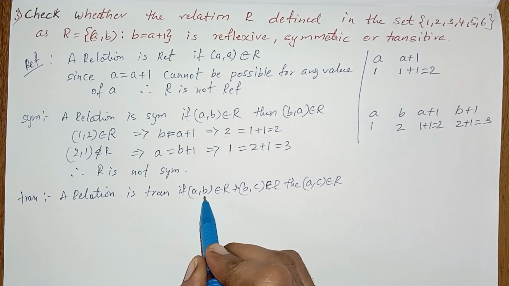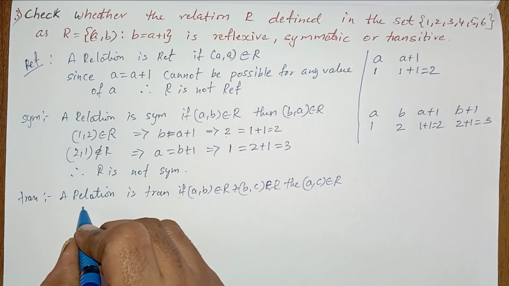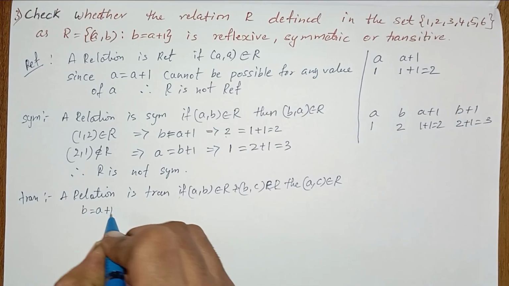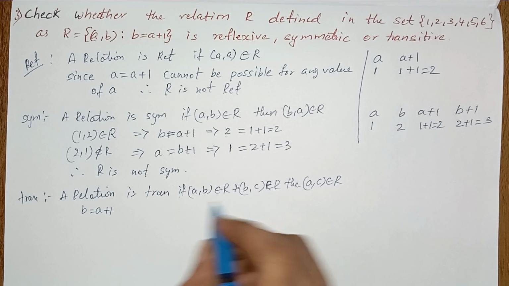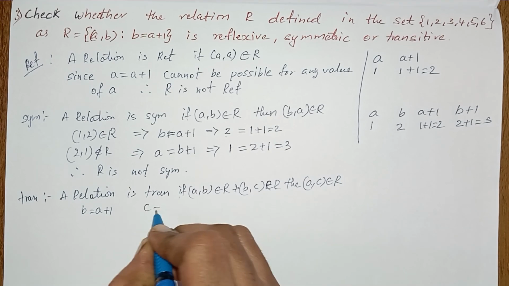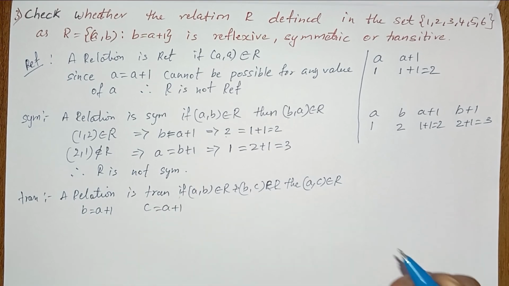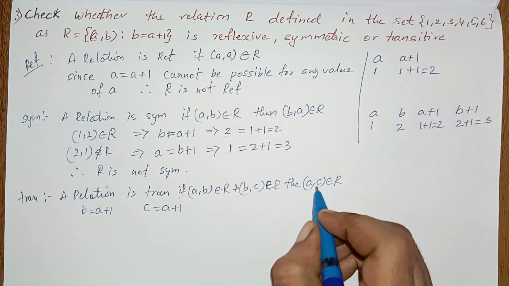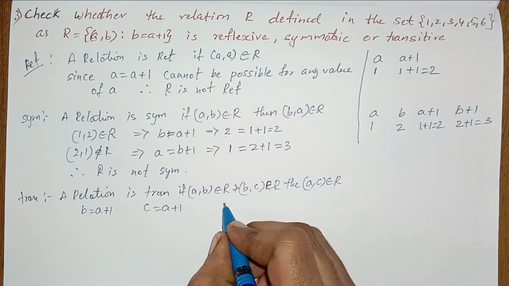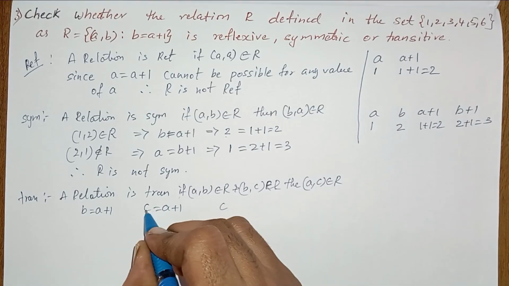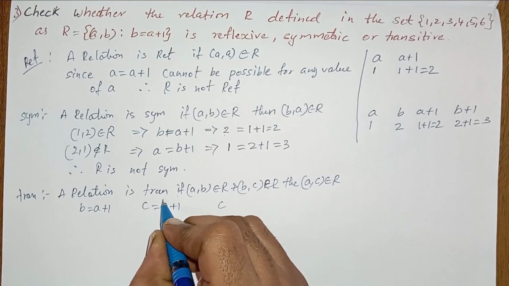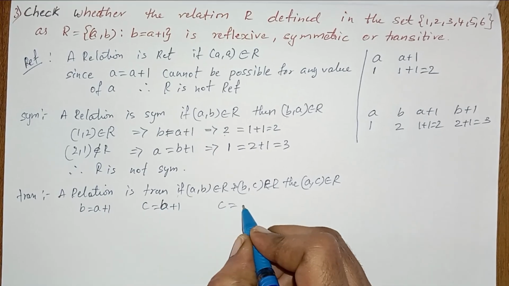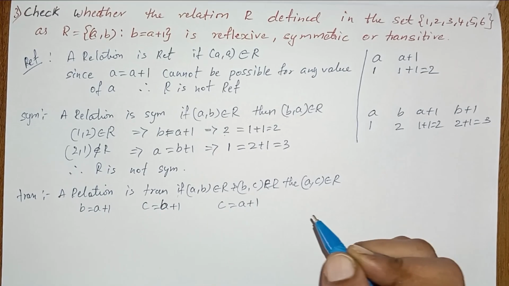For A comma B, we'll have B is equal to A plus 1, and for B comma C, we'll have C is equal to B plus 1. Then for A comma C, we have C is equal to A plus 1.